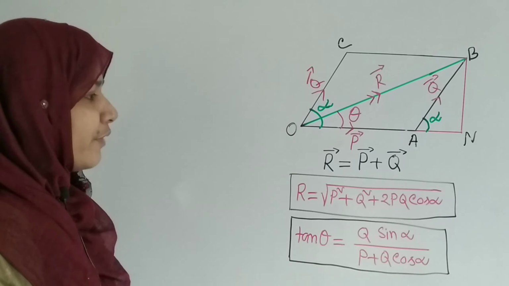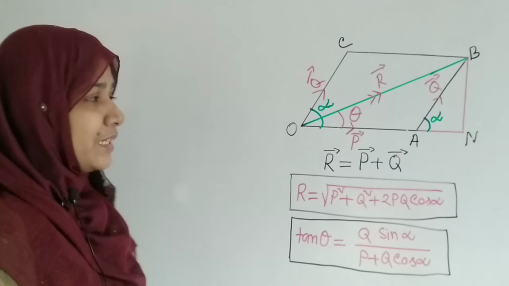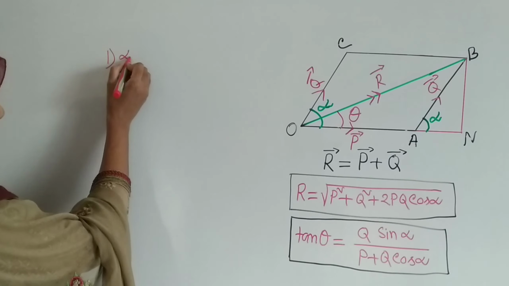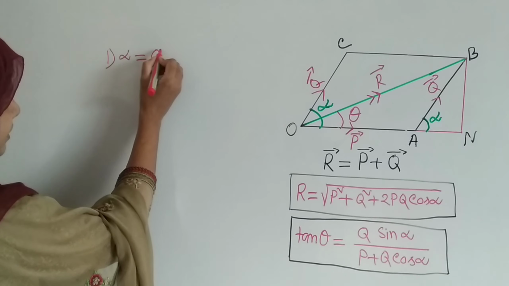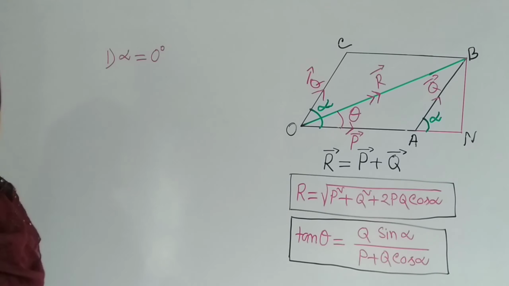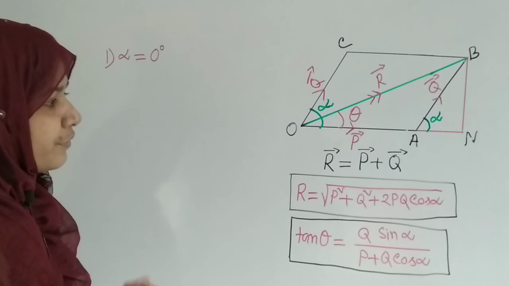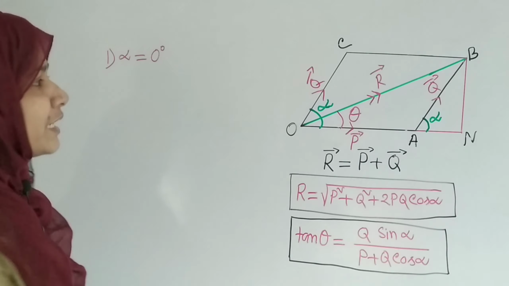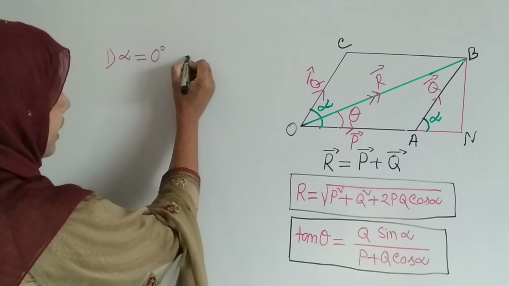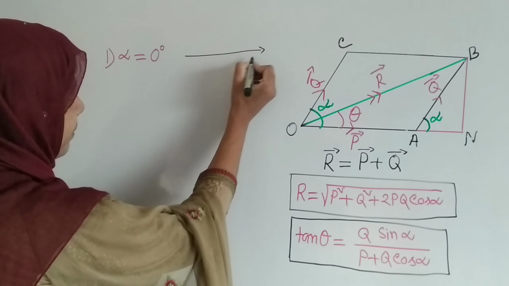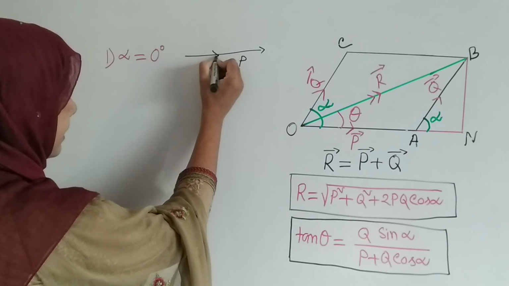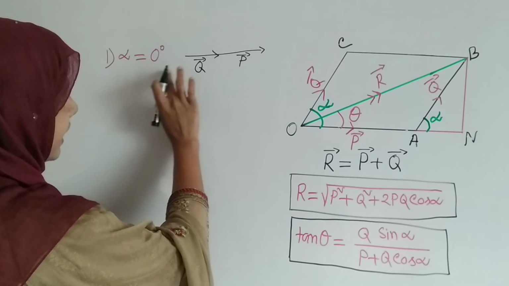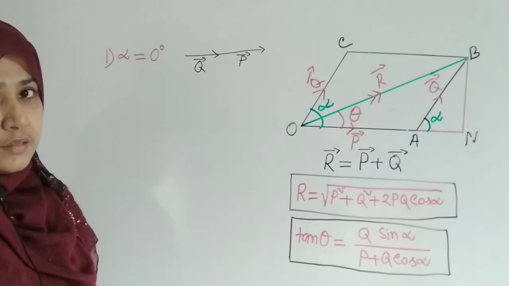In case number 1, if alpha equals to 0 degree, that means the vectors P and Q act in the same direction. 0 degree means there is no angle between vector P and Q, that is, they are acting in the same line.